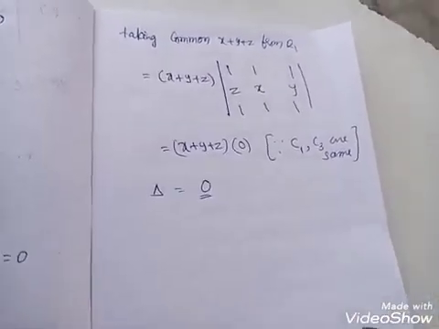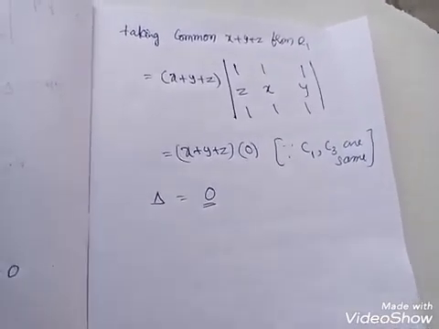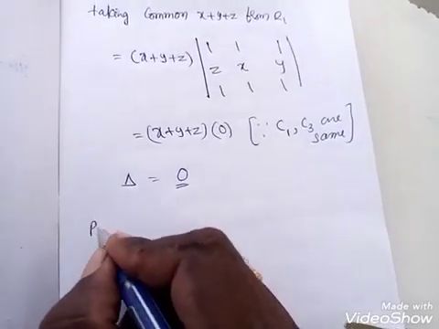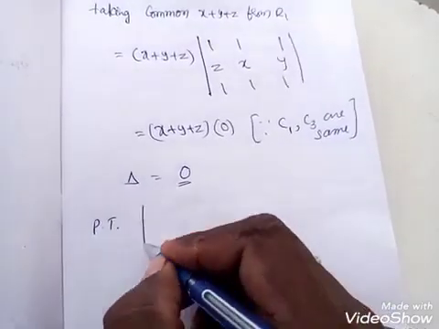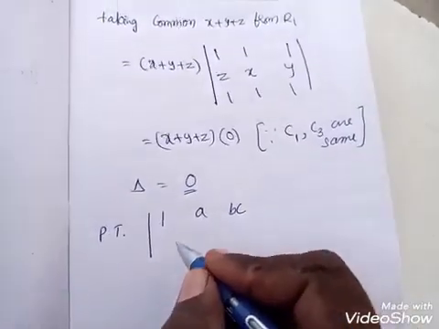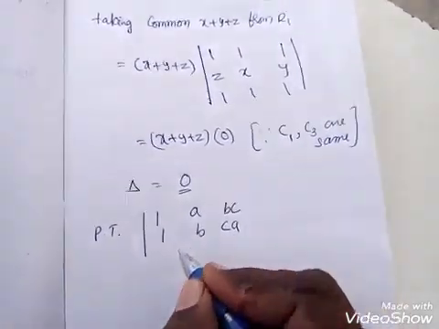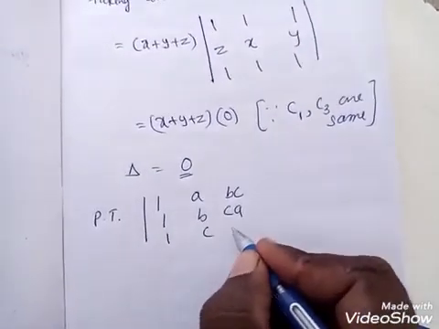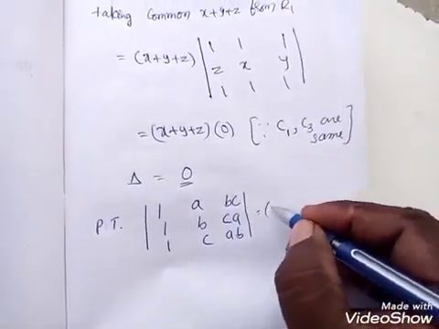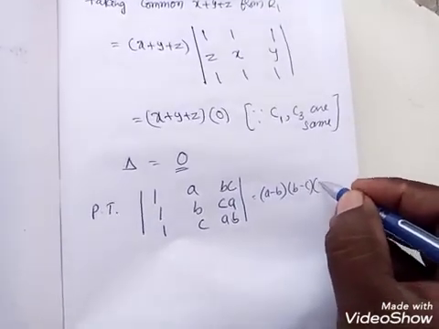Next, another problem is there. Here, without expanding, they will ask: prove that the determinant 1, a, bc; 1, b, ca; 1, c, ab is equal to a minus b, b minus c, into c minus a.